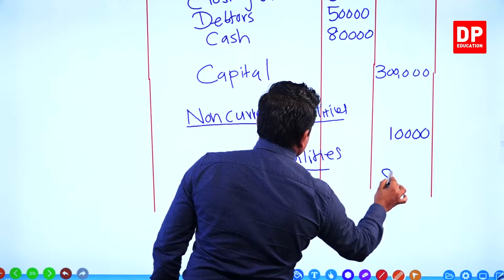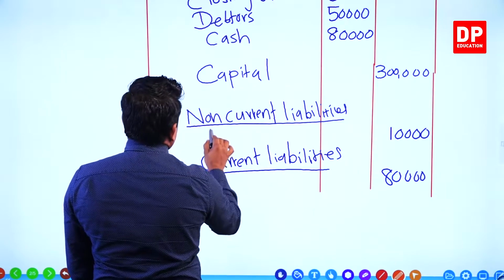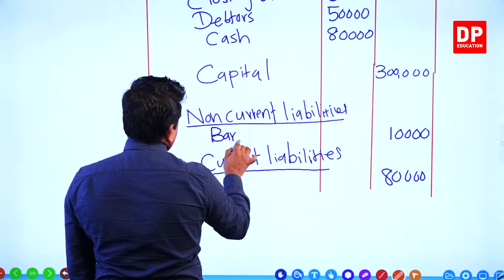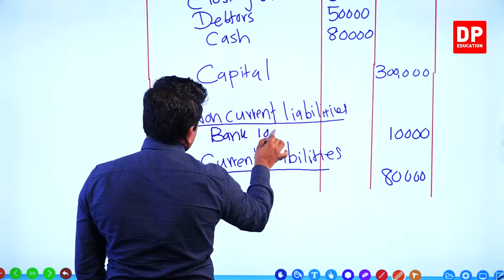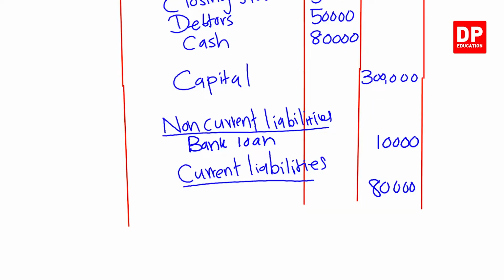What is 10,000? It is bank loan. What is 80,000? It is creditors.